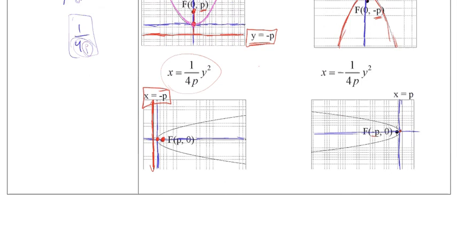It's a negative p-value, and whatever that distance is, that many to the right is the directrix. So this time it's x equals positive p, and again a vertical line. Our equation, opening to the left, is negative this time because it's a negative p-value. And there we go. I hope that in its essence helps you out a little bit.